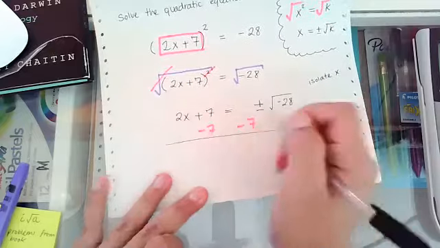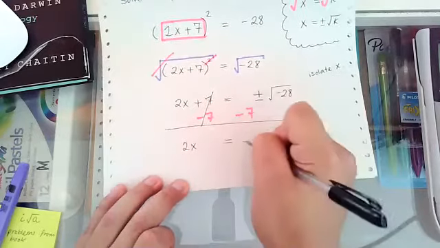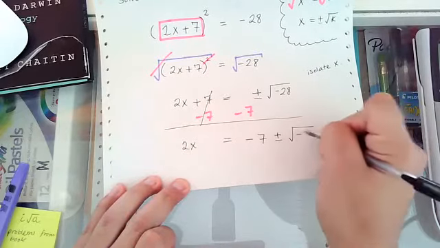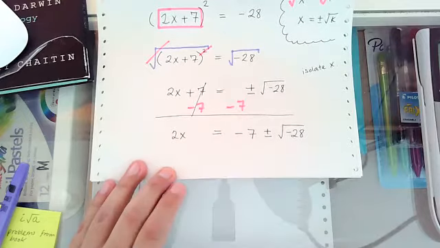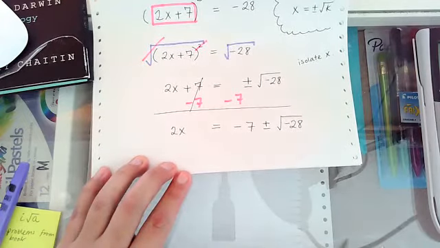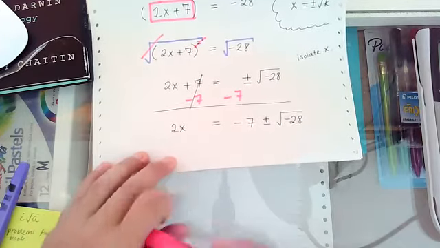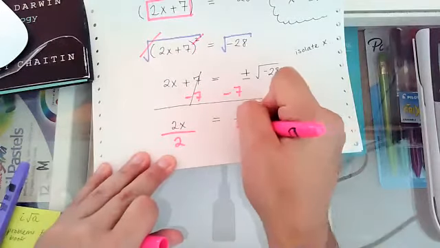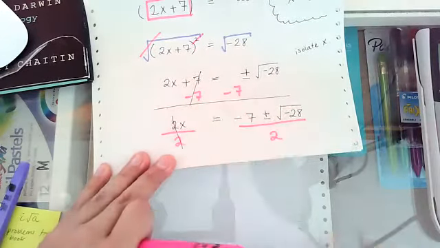Instead, I will write this as 2x is equal to negative 7 plus or minus the square root of negative 28. Then, if I want to get the x by itself, I'll divide this whole side by 2 and divide this whole side by 2 so that these 2's cancel out.